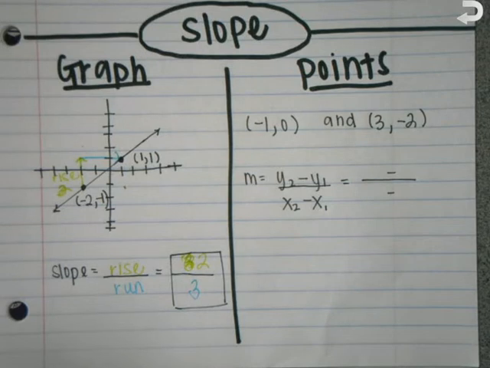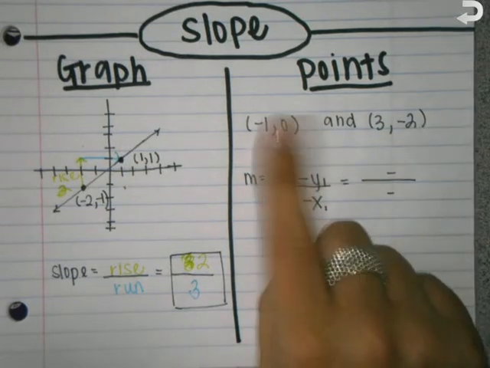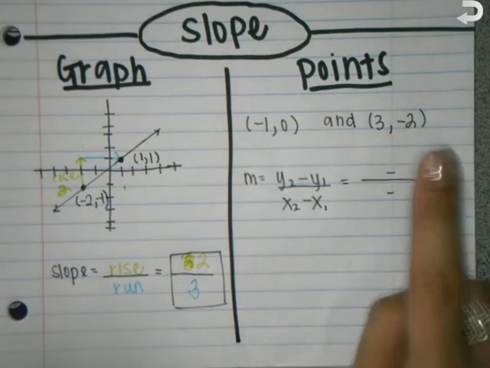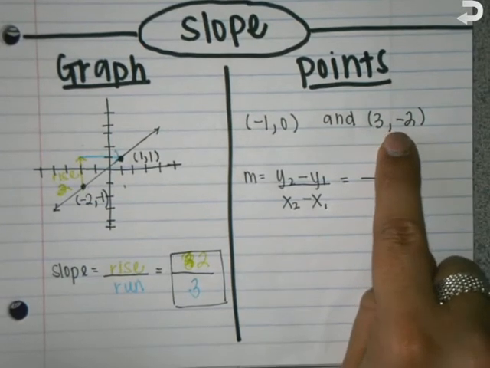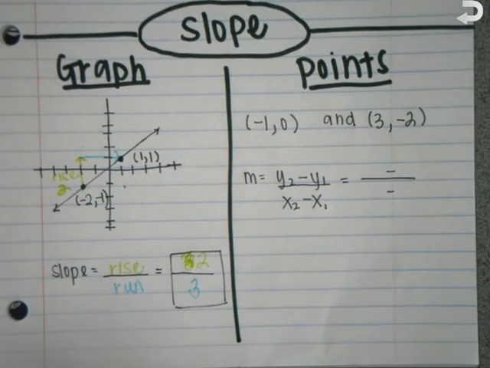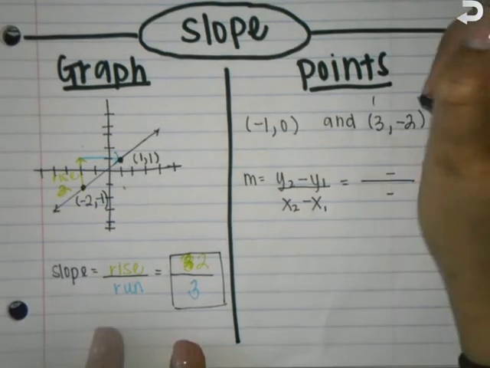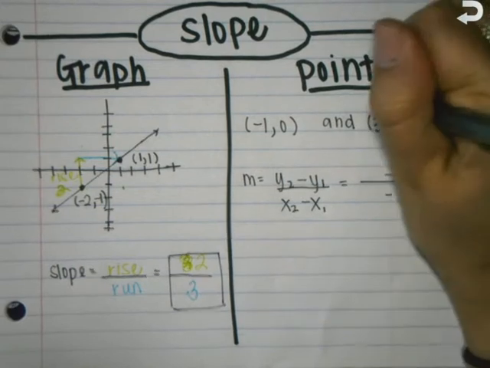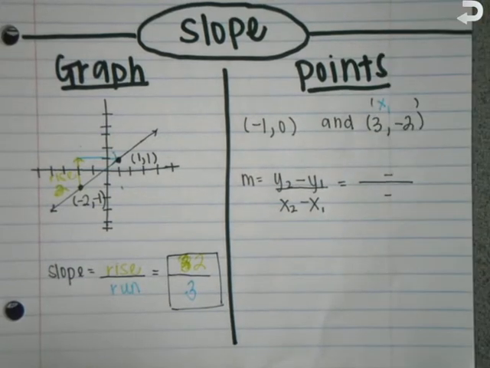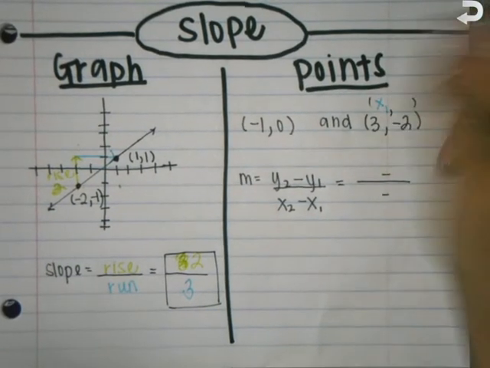So do you guys want to make -1, 0 first, or do you want to make 3, -2 first? 3, -2 is going to be the first point? Okay, so if 3, -2 is our first point, let's label it. 3 is going to be our x1, which makes -2 our y1.